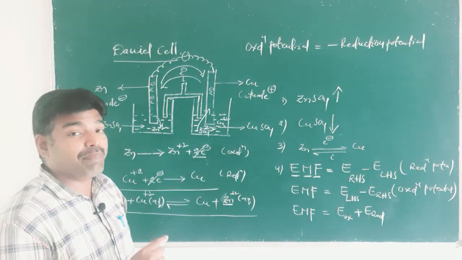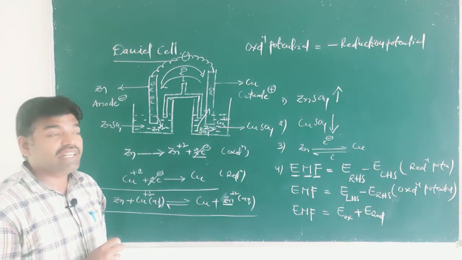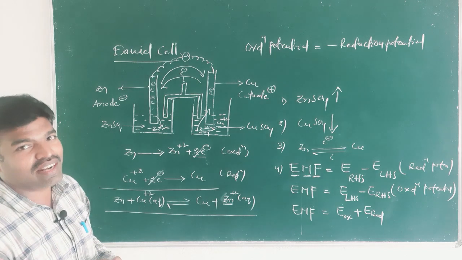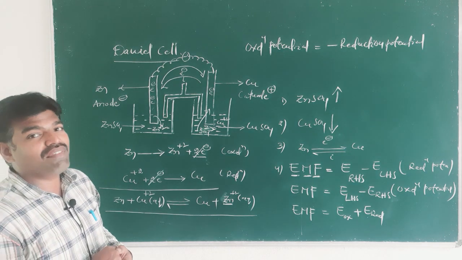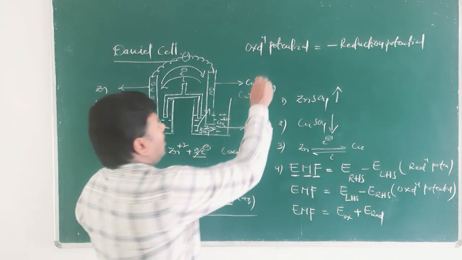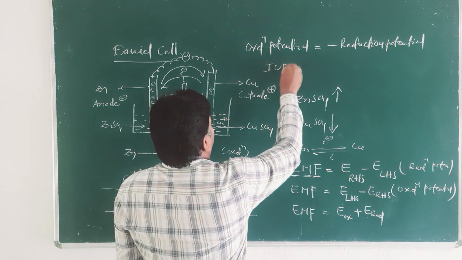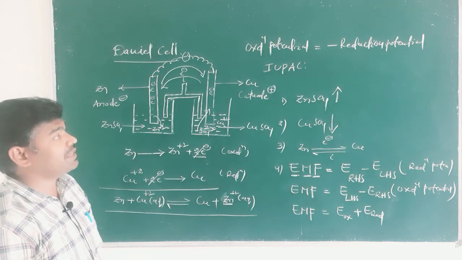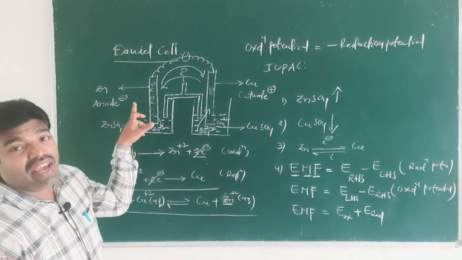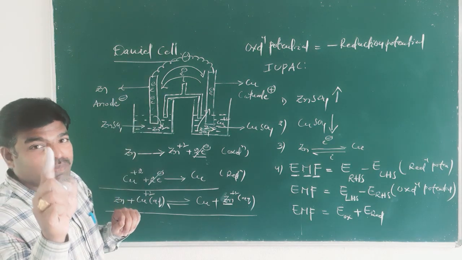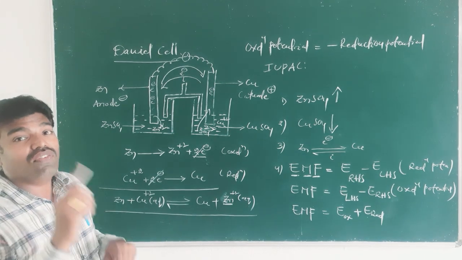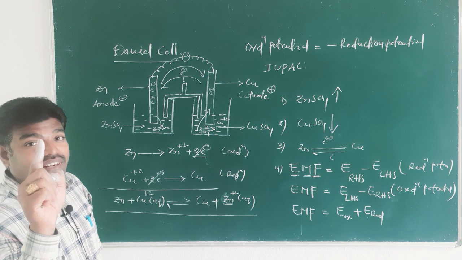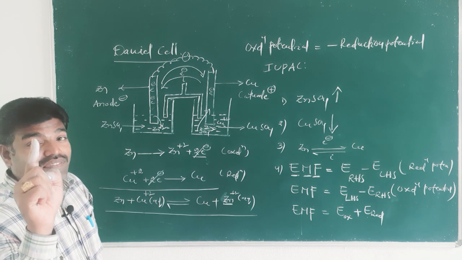Next, representation of Daniell cell. As per the IUPAC convention, the electrode where the oxidation takes place should be written at left hand side.